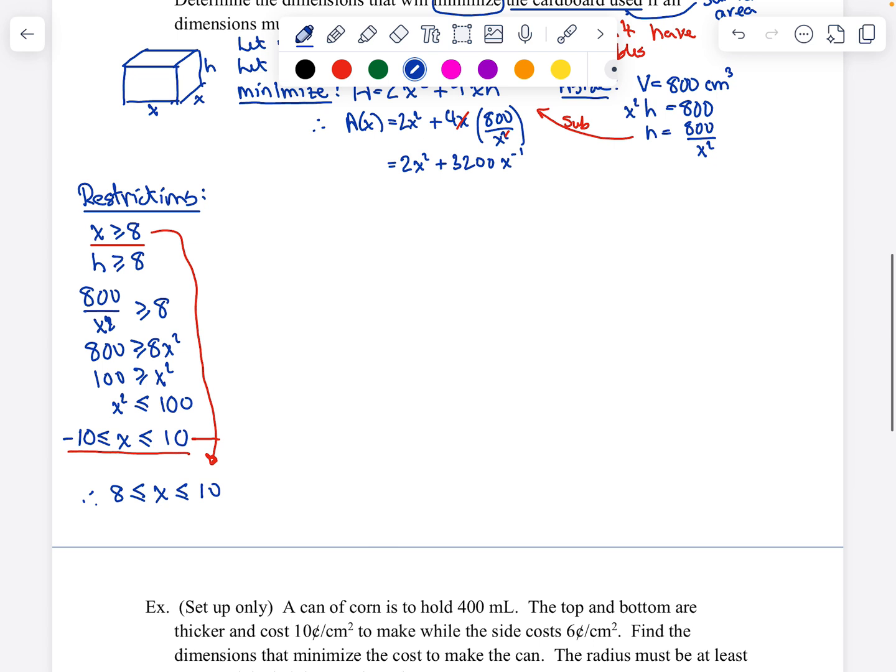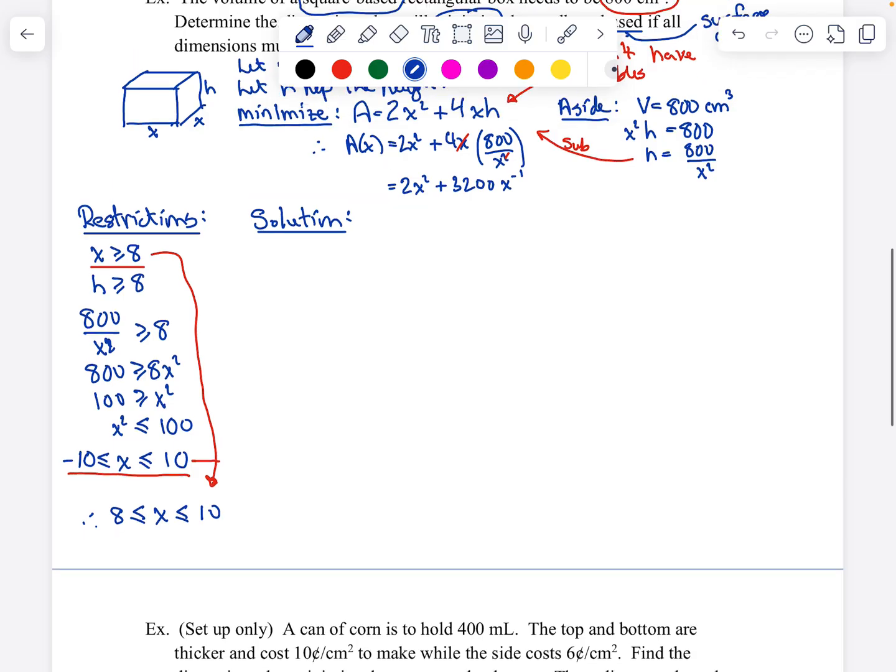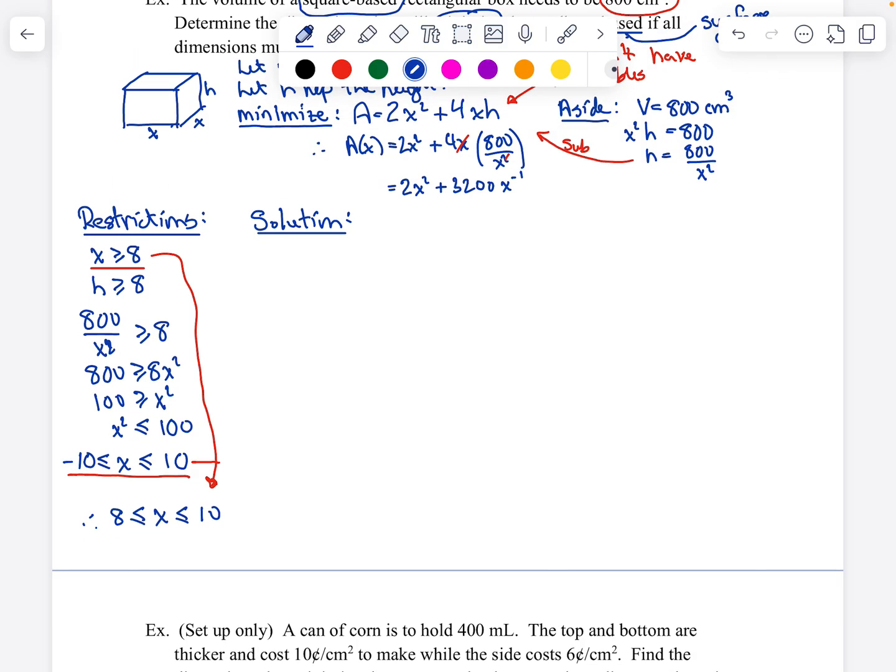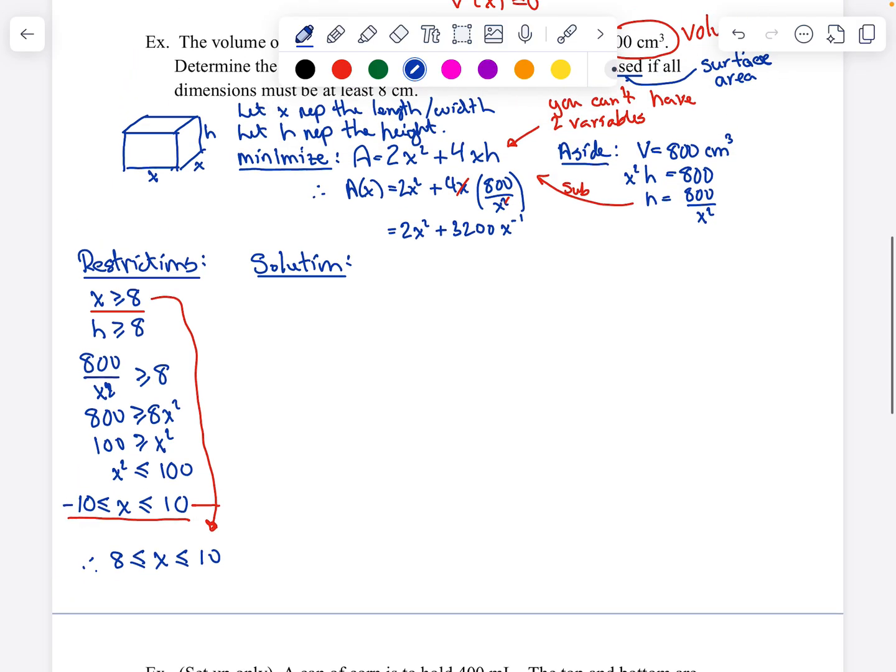The next part then is the actual calculus part, or if we're looking at setting up some headers, I'd say this is our solution. So to get our solution, if I want to figure out a max or min using calculus, then we take our derivative. So if I look at our function here, I have A prime of x equals 4x minus 3200 x to the exponent negative 2.